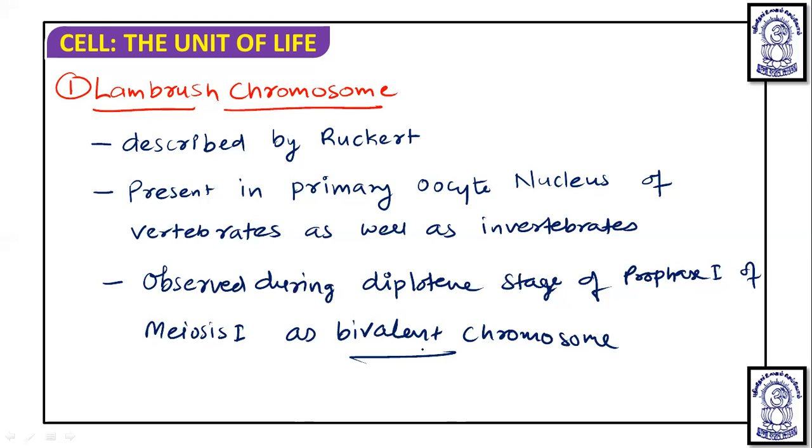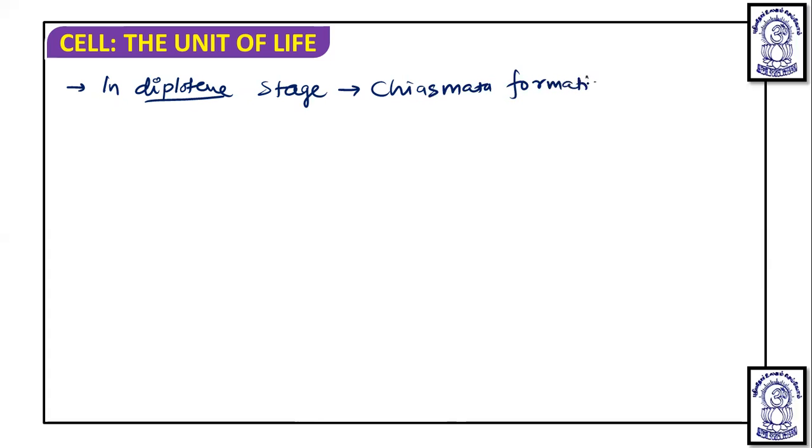So the question is why are these Lampbrush chromosomes large sized? Because they are observed in the diplotene stage, and in the diplotene stage chiasmata formation occurs.